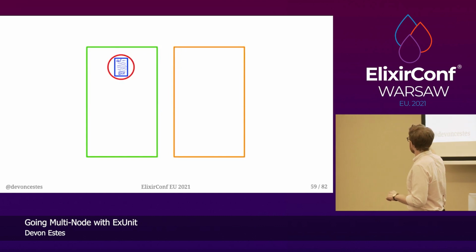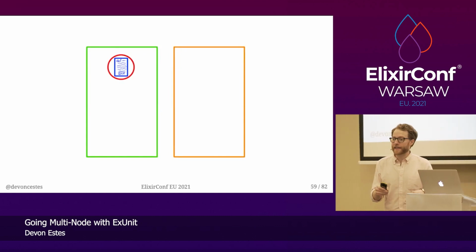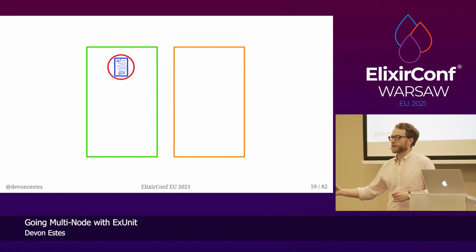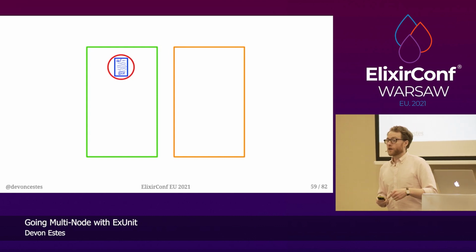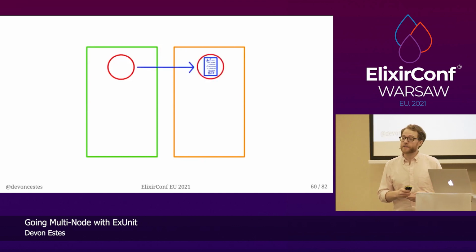So what we have here on the left is our local node in green. That's the one where we type mix test and hit enter. It spawns that up. And the other one on the right is one of our remote nodes, one of the ones in our cluster. What's going on when we run our tests right now is that the local node says, hey, I've got a test that's ready to be run, and it spawns it off to this other node.